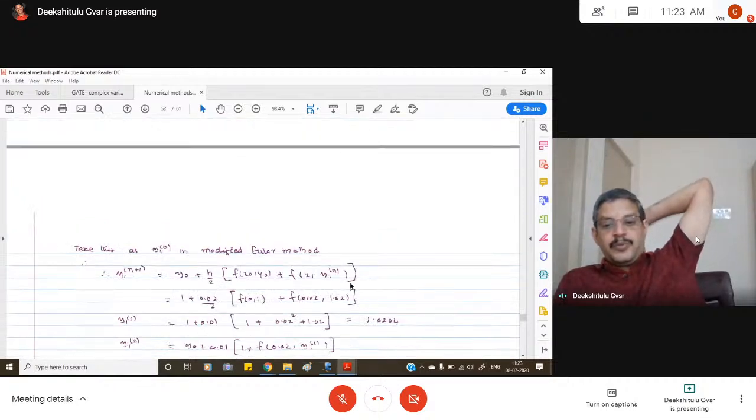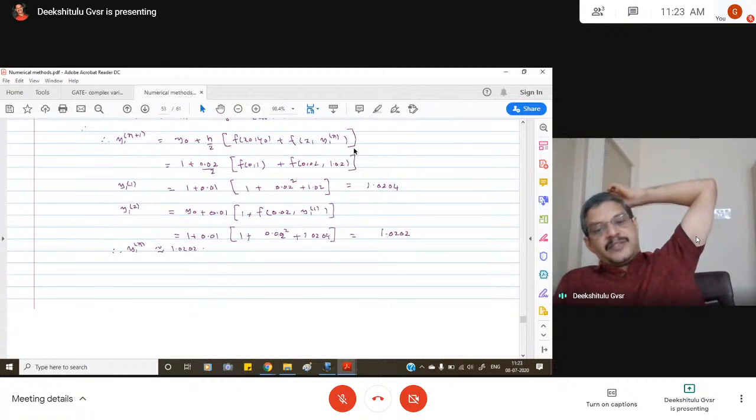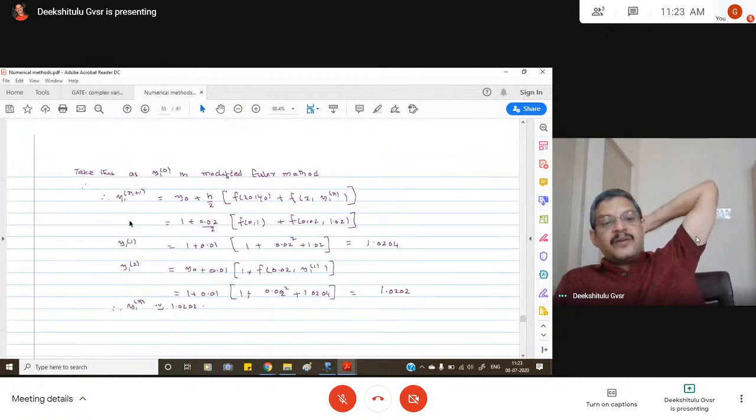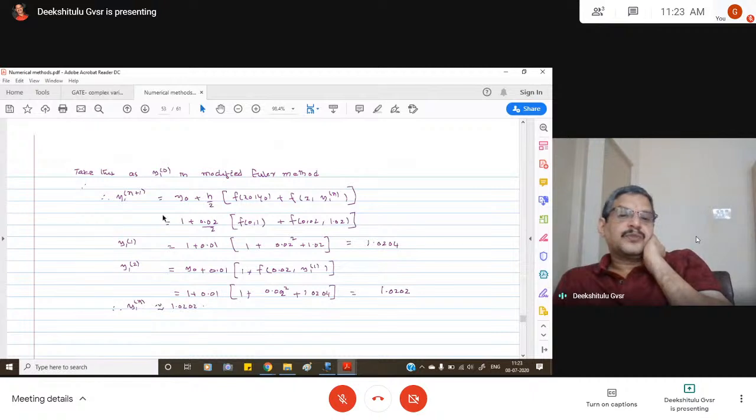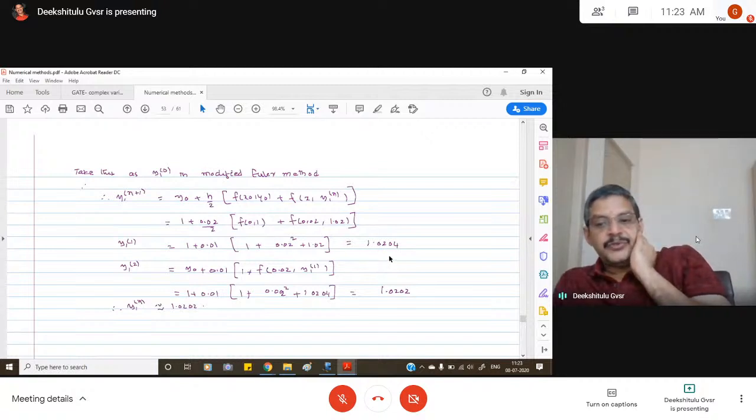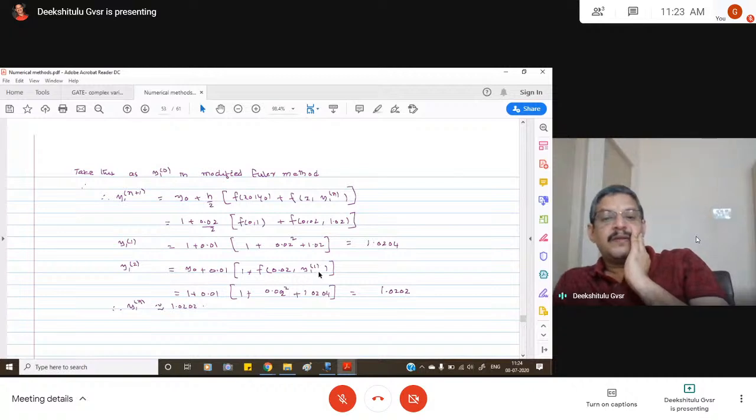You put it here and simplify this, you will get y1^(1). This is what we get, 1.0204. You again put y1^(1) here, so you get y1^(2), that is y0 + 0.01 [f(0, 1) + f(0.02, y1^(1))].